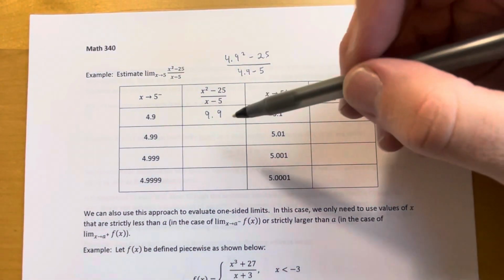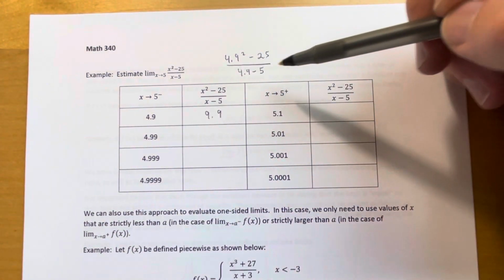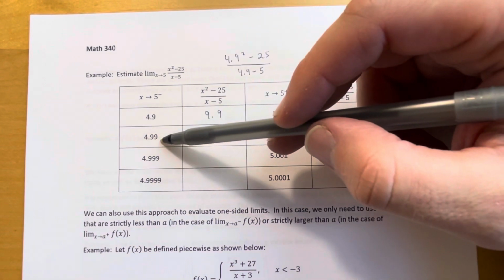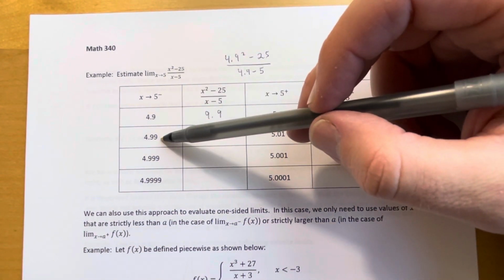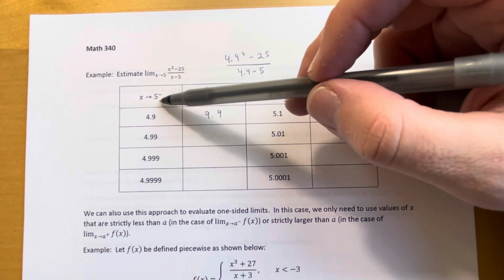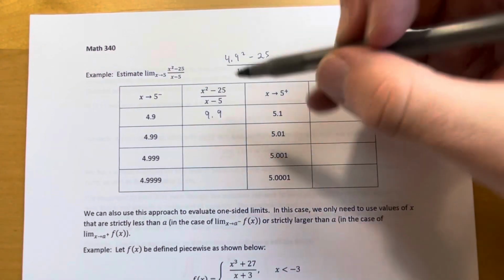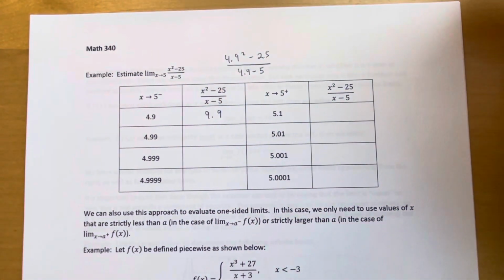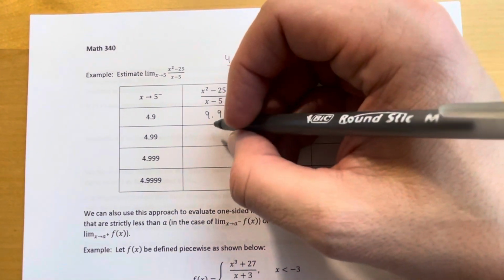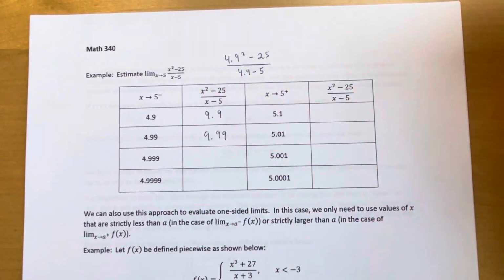Okay. Now, if you were to do the same thing, but this time plug 4.99 into this function. So now we're using a number that's still less than 5 because we're approaching from the left, but it is closer to 5 than the previous one was. So we're approaching 5 as we move down. If you plug this into that function, I'm not going to rewrite this with an extra 9 in it, I'm just going to tell you what it comes out to. You get 9.99.